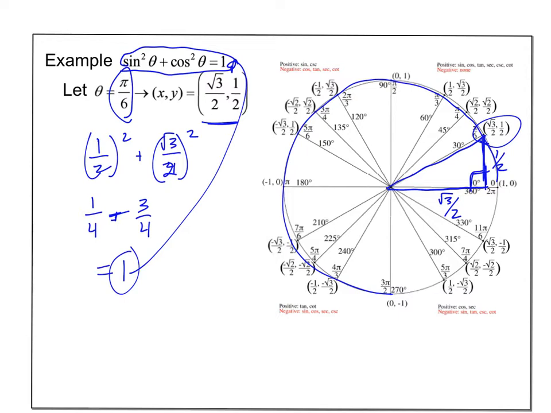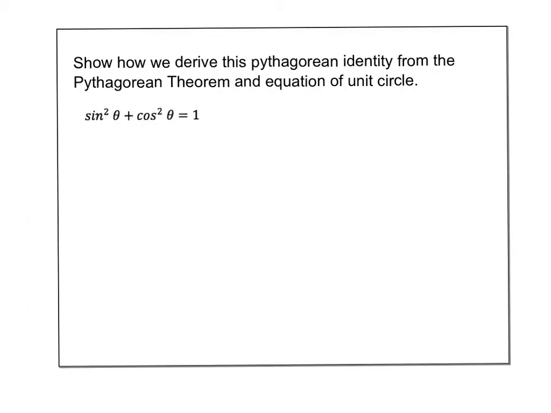It was literally a squared plus b squared equals c squared, except we knew that c was going to be 1, and 1 squared is just 1. So all you're doing is a fancy dressed up version of Pythagorean. From there, we come up with the idea that sine squared plus cosine squared equals 1.